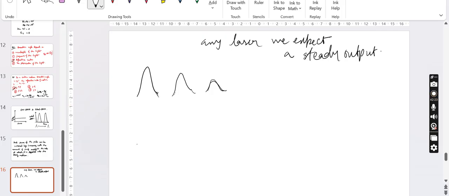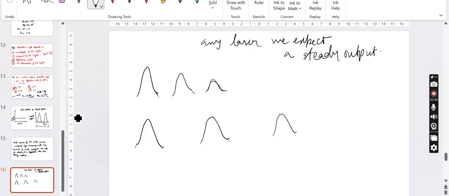But if your pulse repetition rate is low, you might not see that, up to a certain point, but it happens after that.